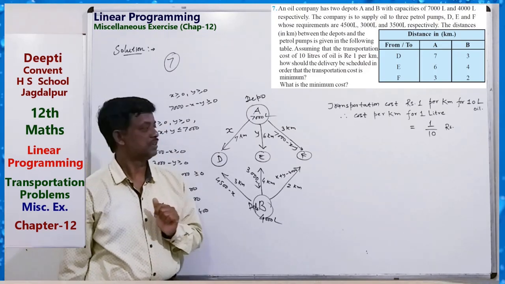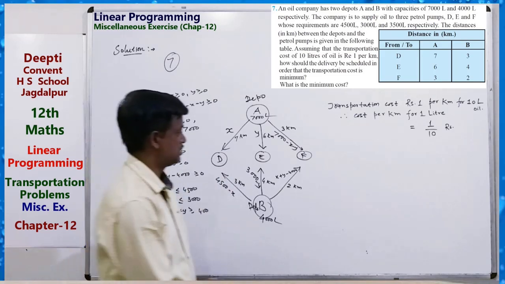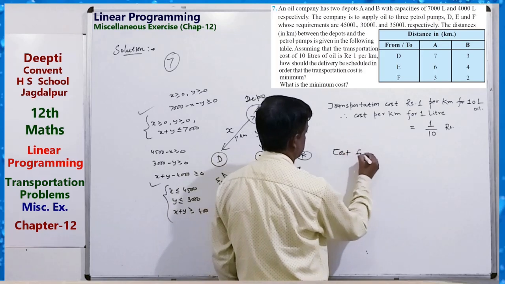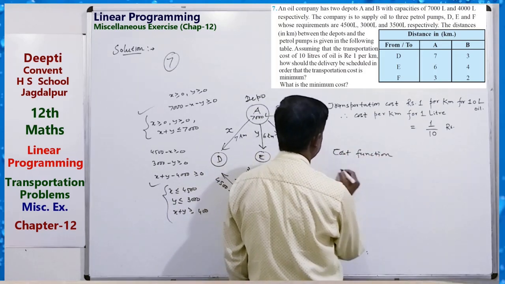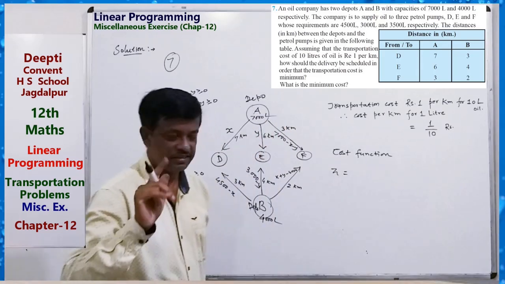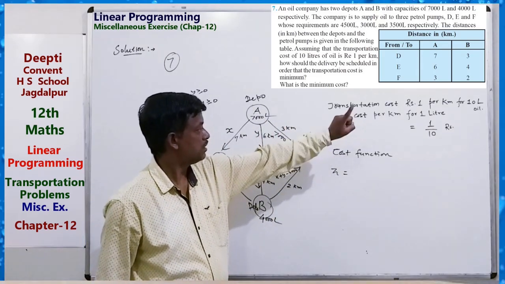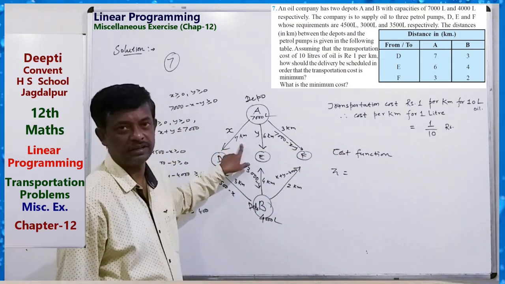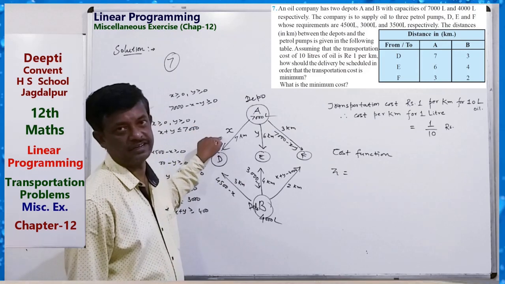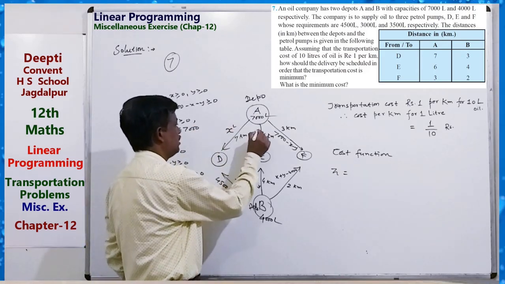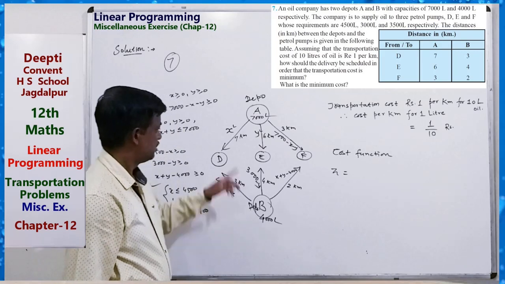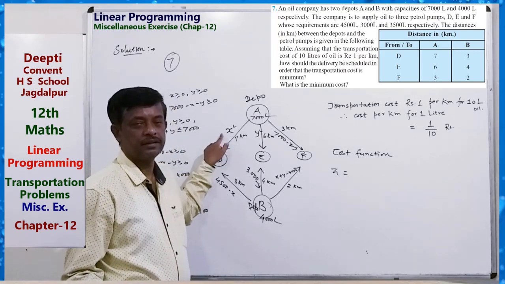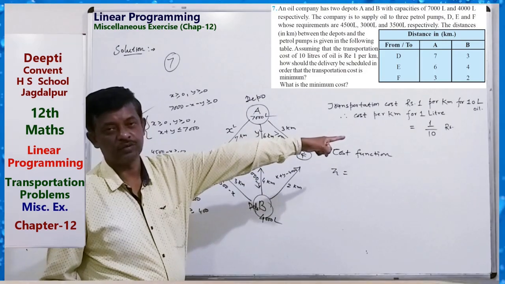So these are the constraints. And the cost function z equals, per liter per kilometer, 7 kilometers for x liters and y liters. So 7 kilometers, 1 by 10 rupees per liter.